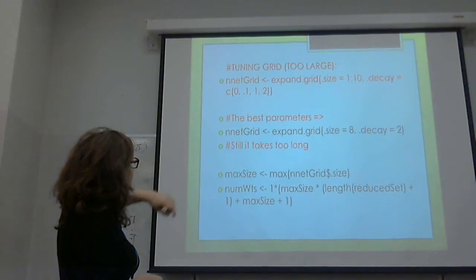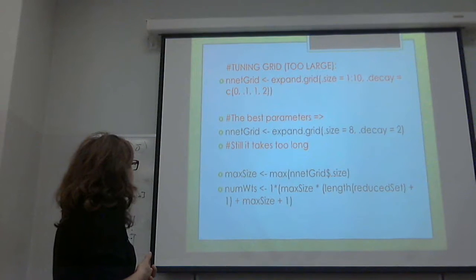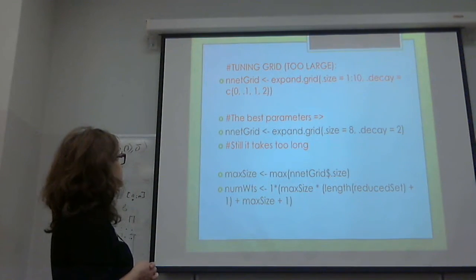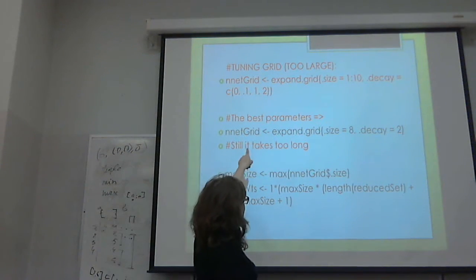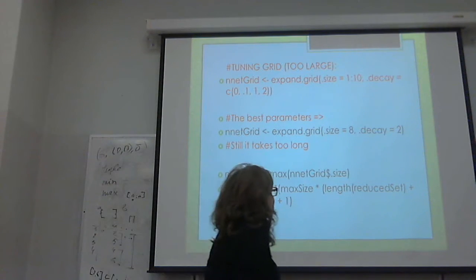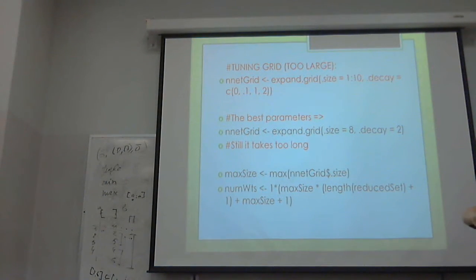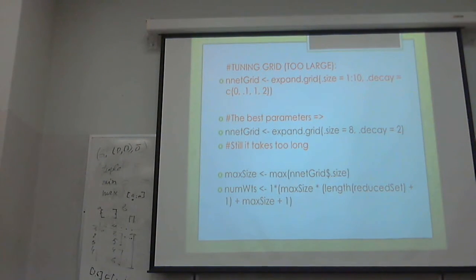This is the decay parameter, or learning rate in other words. And I guess I did not even run it myself on the whole set of tuning parameters. I just looked up what the best parameters were. And the best parameters appear to be 8 neurons with decay 2.